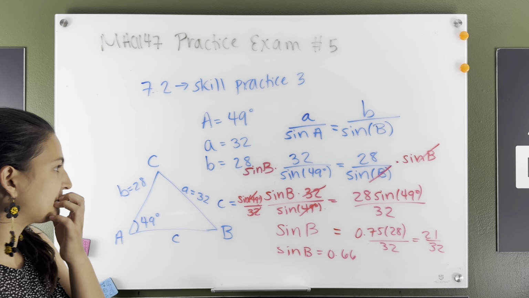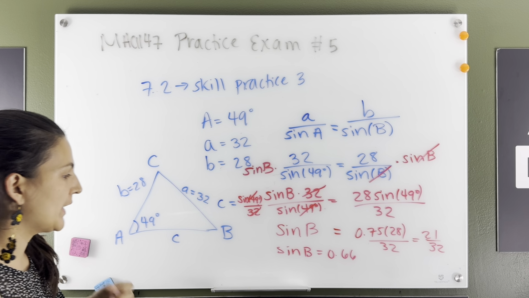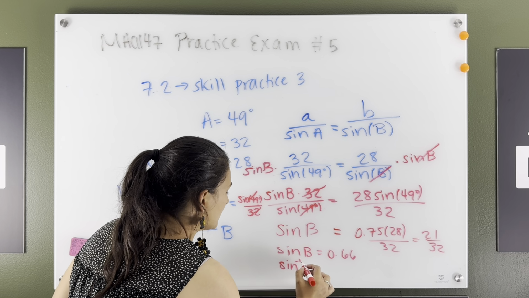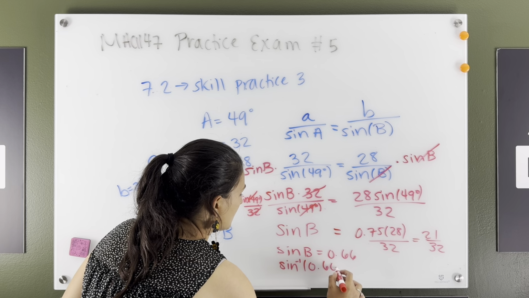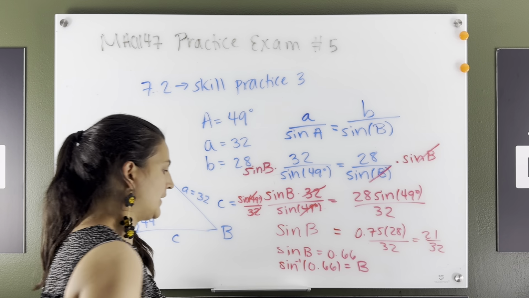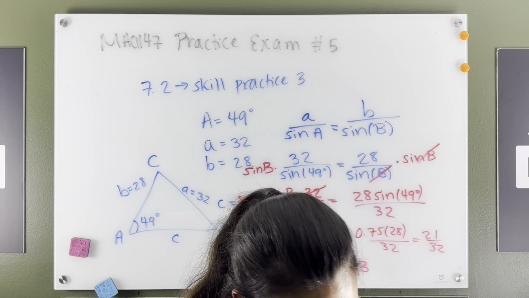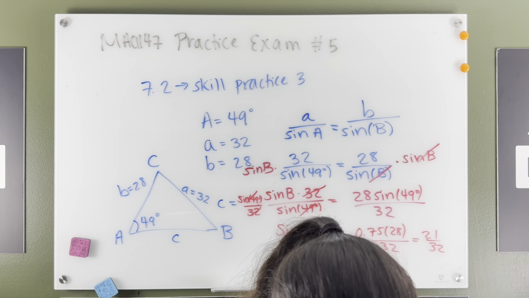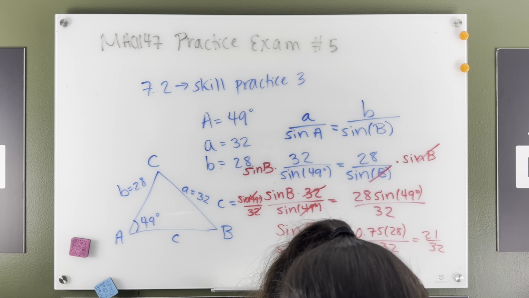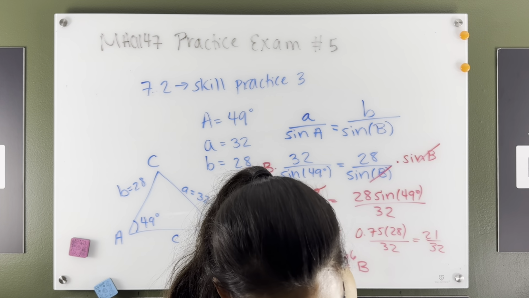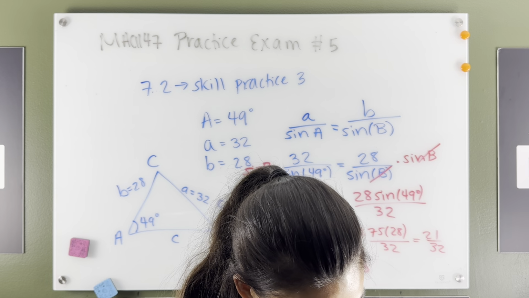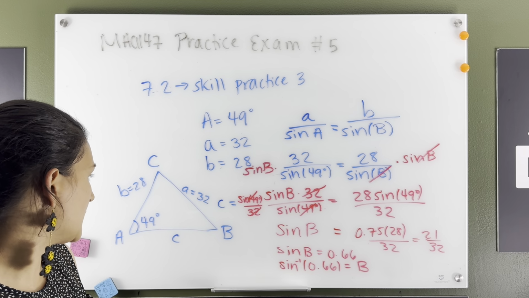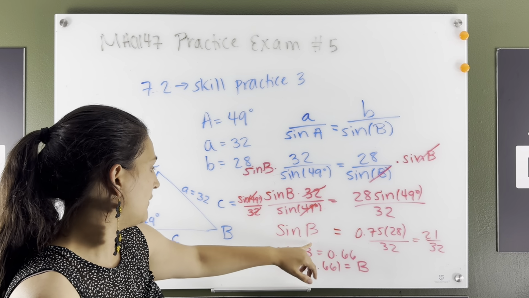Again, algebra. Now we want to get B, so we're going to take the arc sine of both sides. So this is going to be the arc sine of 0.66 gives me B. Let's see what we get. Arc sine of 0.66. I'm going to put it in degrees because this is an angle, and I think it's more beneficial to have degrees.